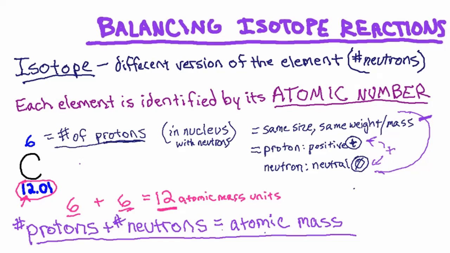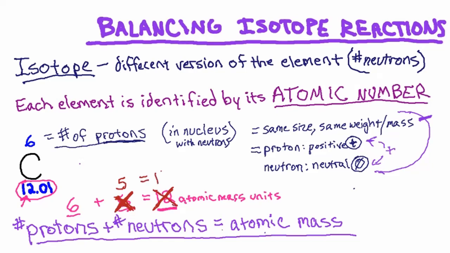However, what if this carbon atom for some reason loses a neutron? So now we don't have 6 neutrons in this carbon atom. For some reason we have 5 neutrons in this carbon atom. So that would make this 12 atomic mass units wrong.